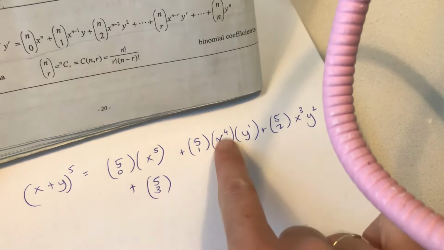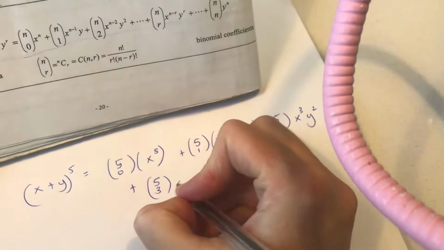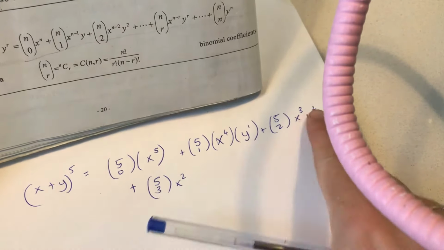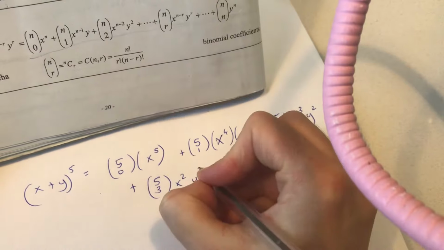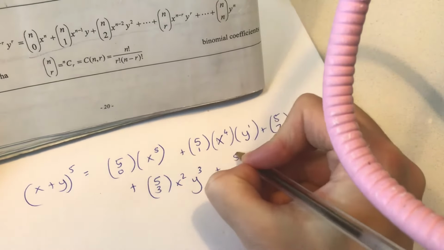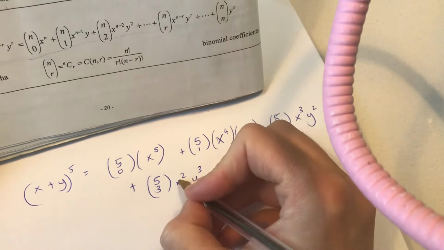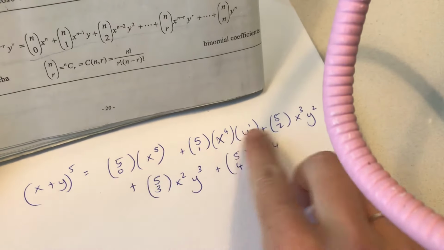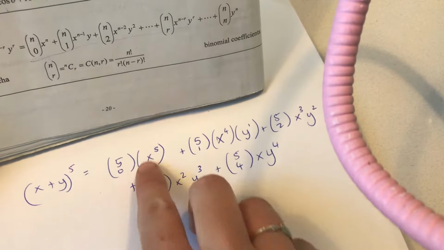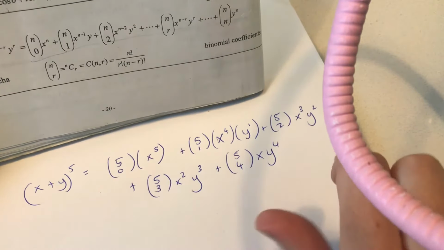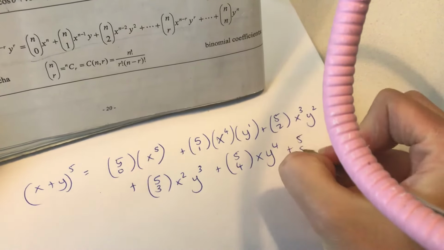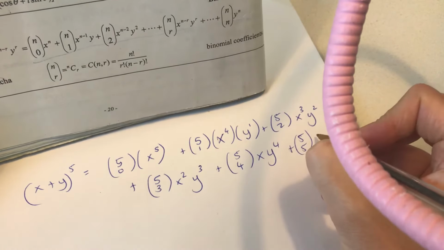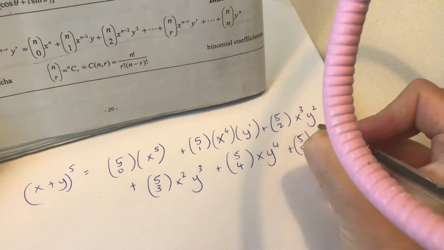It's x to the power of 5, 4, 3, 2, and there's a y to the power of 0, a y to the 1, a y to the 2, a y to the 3, 5 choose 4, x and y to the power of 4. You can see the x's go down and the y's go up. Plus 5 choose 5, x to the power of 0 is 1, and then y to the power of 5.